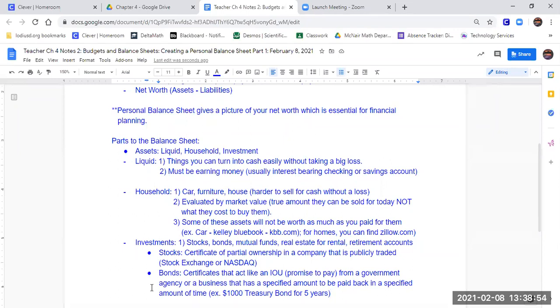So it's like earning interest, but they don't necessarily state percentages all the time. Sometimes it's just the dollar value and the number of years, because it gives them a fixed amount that they have to pay back. Now, usually for that $1,000 treasury bond, you might have bought it for like $700. So in the 5 years, you're making $300. So you're watching for the ones that are cheaper. You are always buying them for less than face value, and then they pay you back face value.